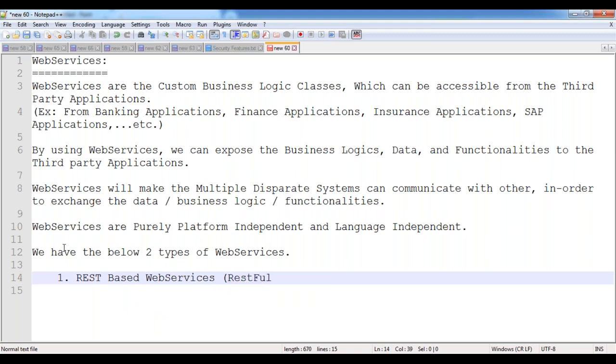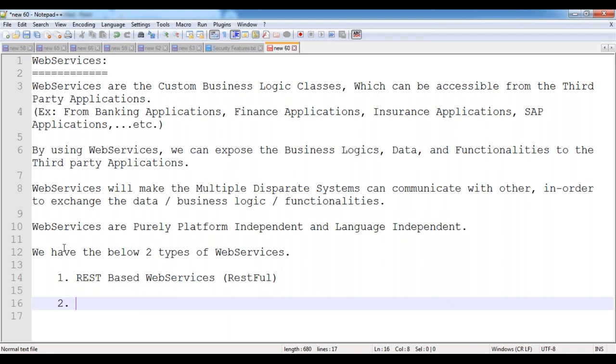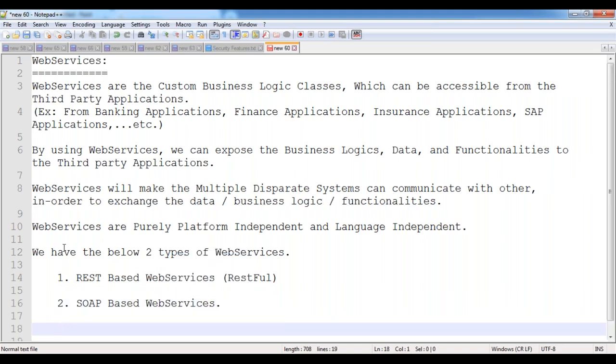The second one, SOAP-based web services. These are the two types of web services available as part of Apex programming.